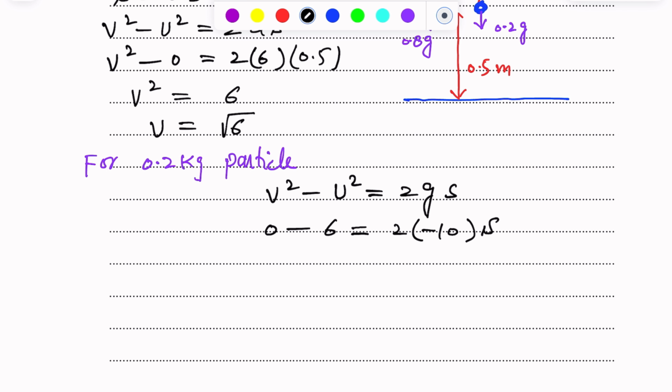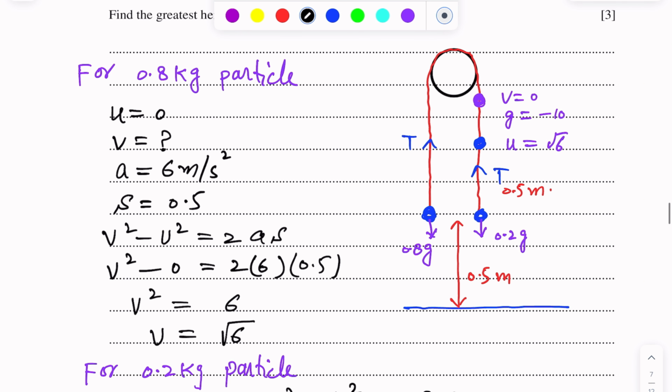So from here we get s equal to 0.3 meter. So this distance is 0.3 meter.